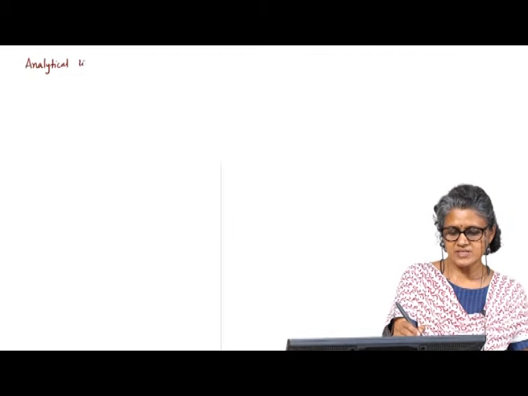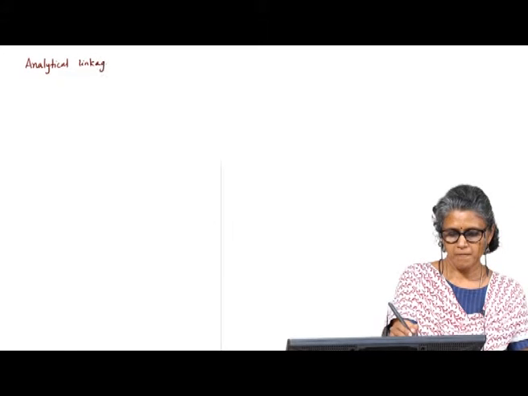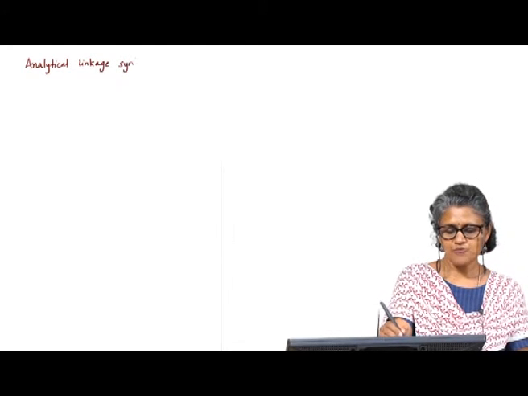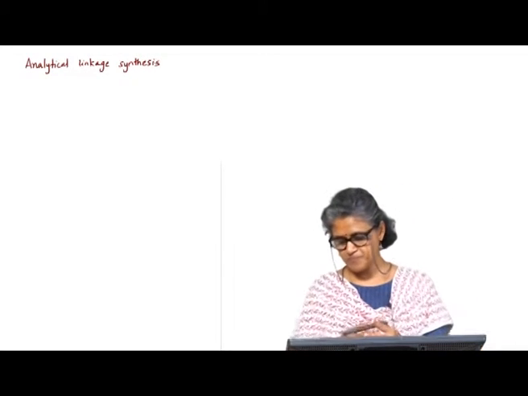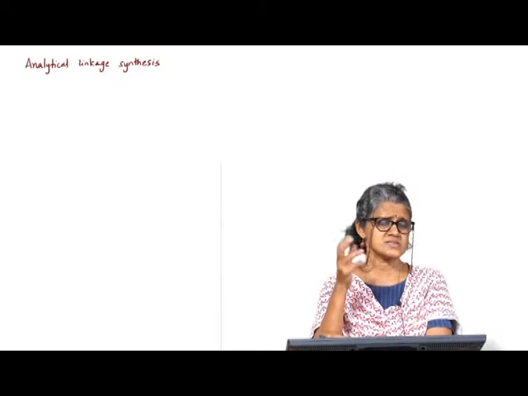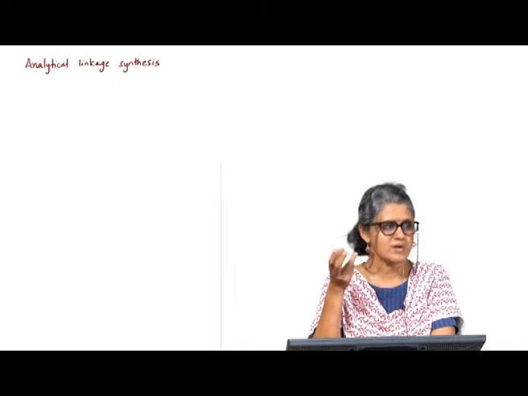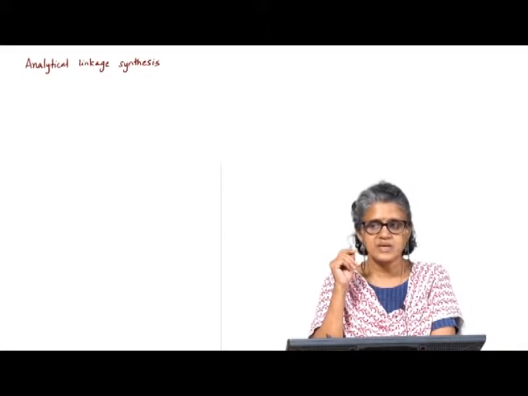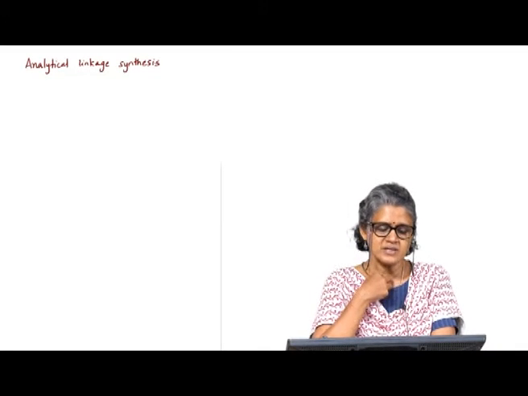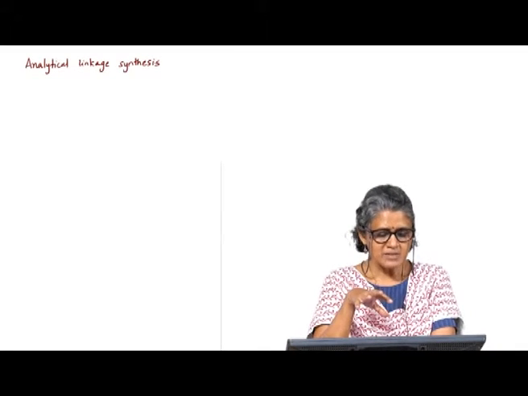Step. So, in analytical linkage synthesis, okay, so far we have looked at graphical methods for synthesis, which as I have said before are intuitive and easier to do, easier to understand, easier to set up. Analytical methods give you more power.